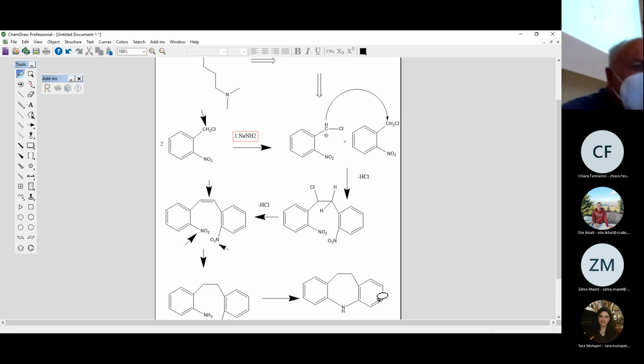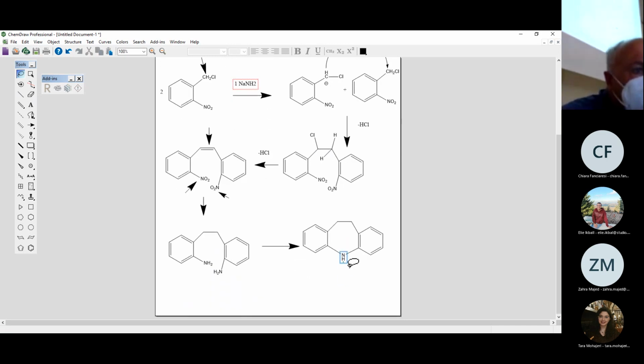At home? Any questions? Okay. At this point, we have already seen that it's possible to insert a side chain in this position by using, for example, a strong base, because I have to increase the basicity of this nitrogen atom.